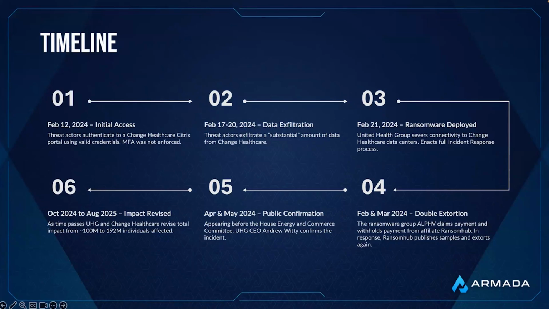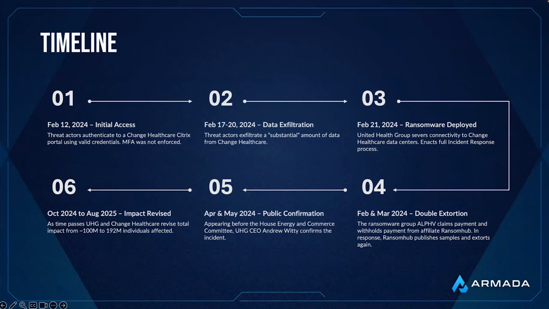For all intents and purposes, the outages in Change Healthcare's medical payment systems, that downtime, was primarily because Change Healthcare basically just unplugged the wire, because they were in such a bad spot. United Health Group on the 21st of February disconnected Change Healthcare's data centers and put full IR into place.